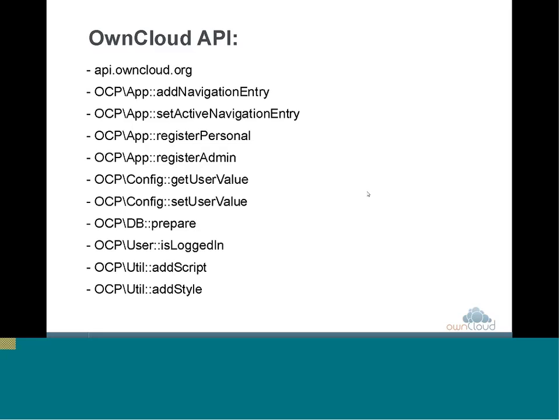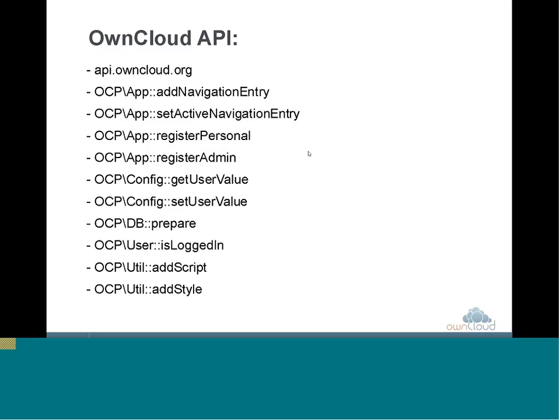The last two examples, like I said, are just a very rough overview, but those are examples of how you can load additional JavaScript files or CSS styles into your templates, into our templating engine.